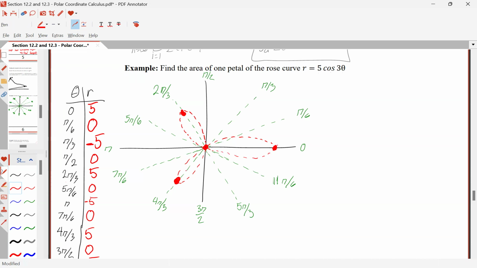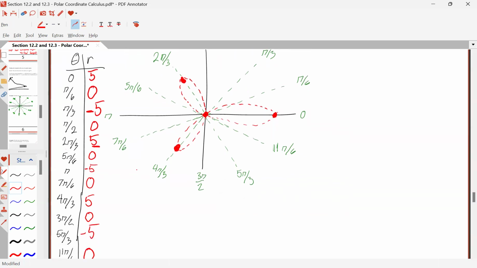These 3 petals are supposed to be the same size. And they are unfortunately not the same size due to drawing, but if we had a graphing tool graph this for us, these 3 petals would be the same size.